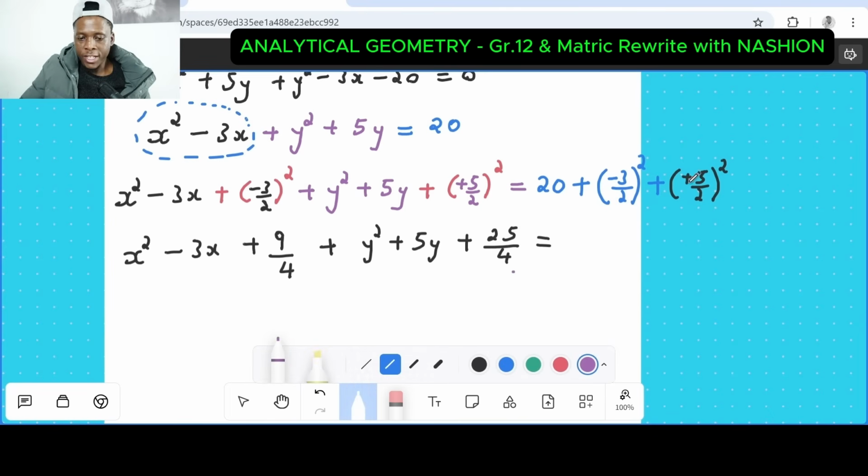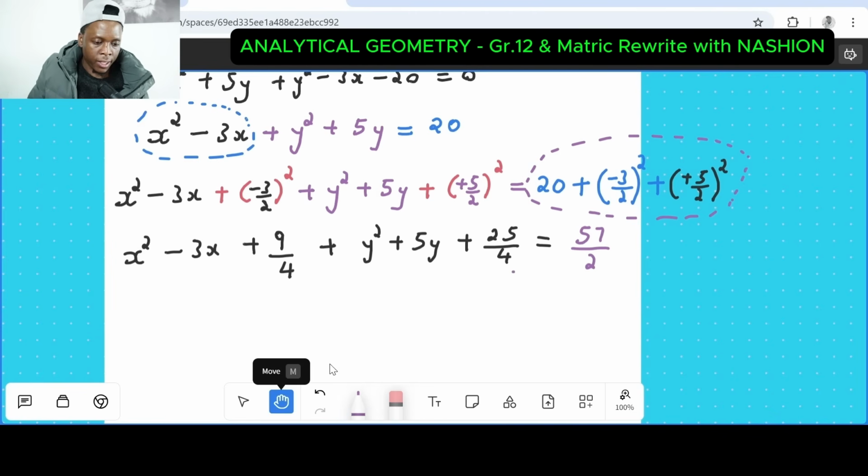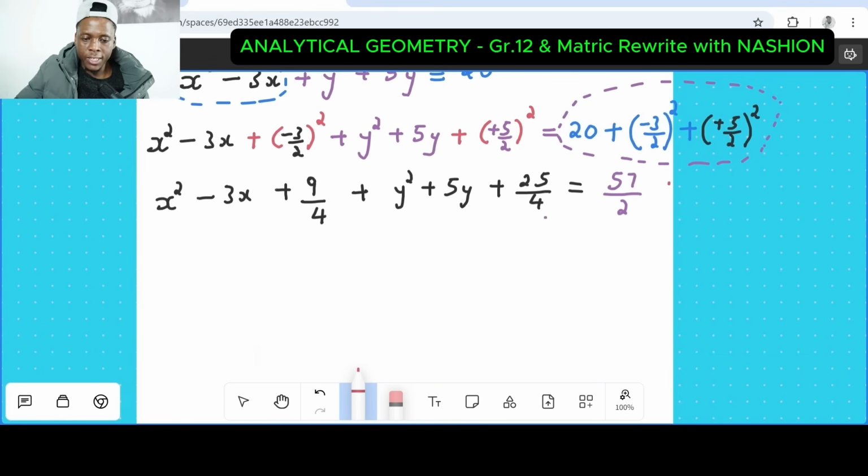And on the right hand side, use your calculator. Let's see what you're getting. That should be 57 over 2. Yeah, I know, it's weird. We have just completed the square.